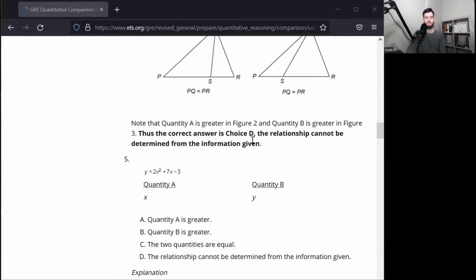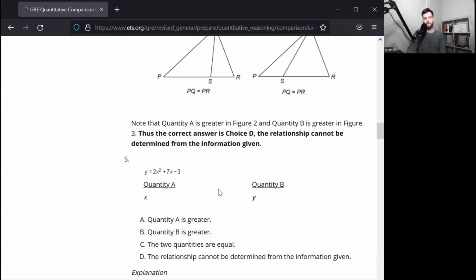So let's try out the next one. It says, well, now we have an equation: y equals 2x squared plus 7x minus 3. We have an x value and a y value. So what do you think you should do here?